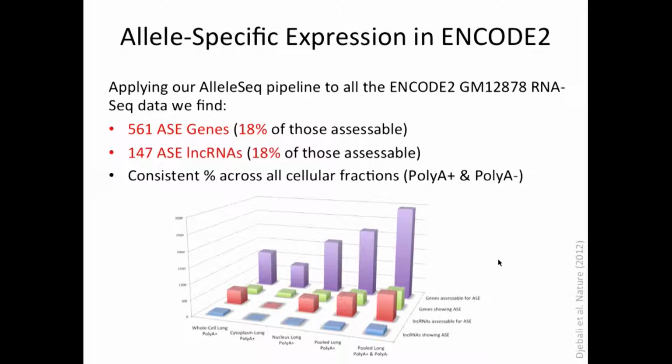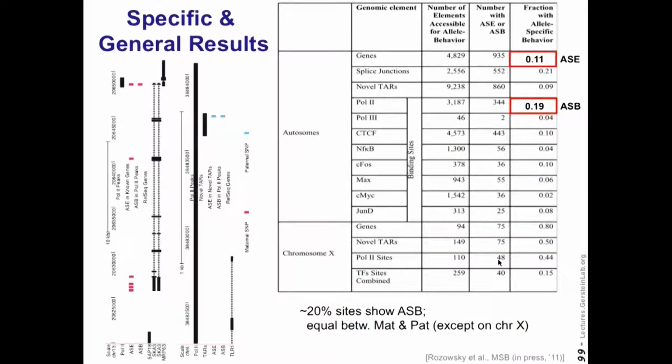And you find about the same fraction of non-coding RNAs that are allelic, about a fifth. And then you can try to put the binding together with the expression, and here's an example of this. Here's a gene where you have allelically expressed exons, and you can also see it's associated with allelically expressed binding of polymerase.